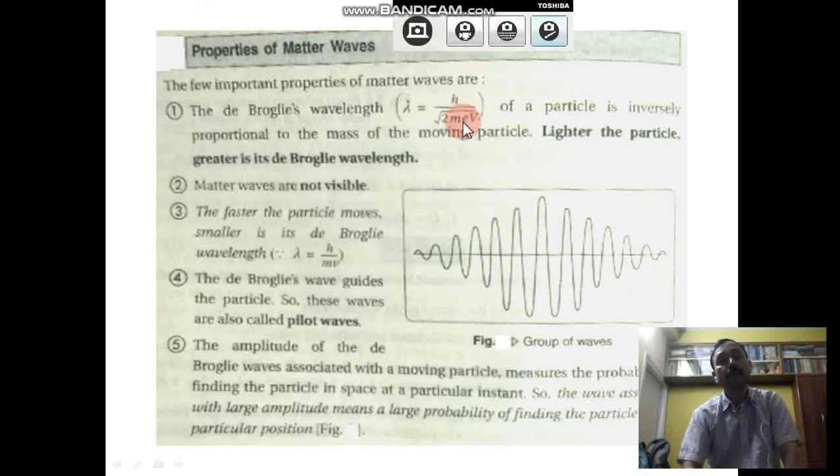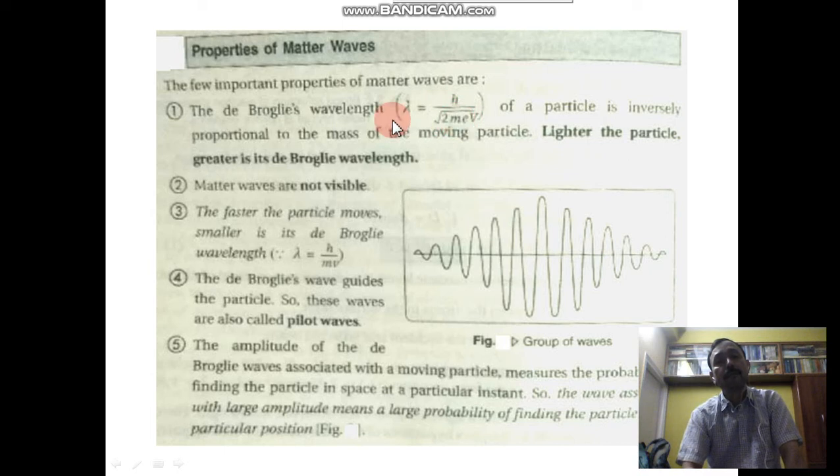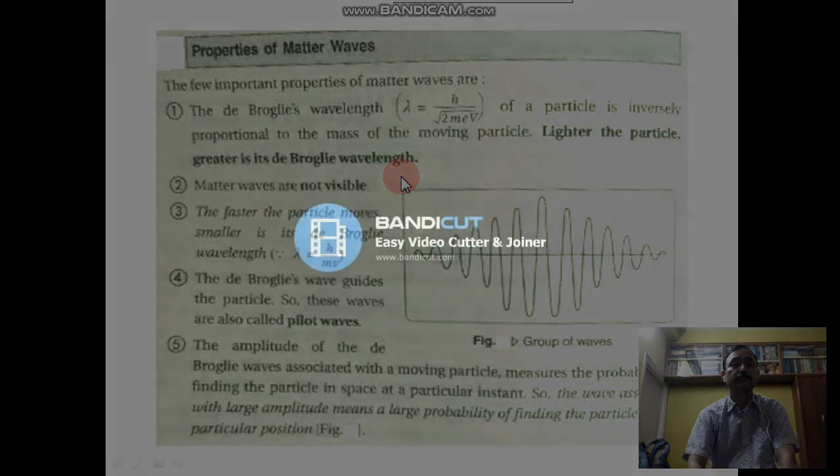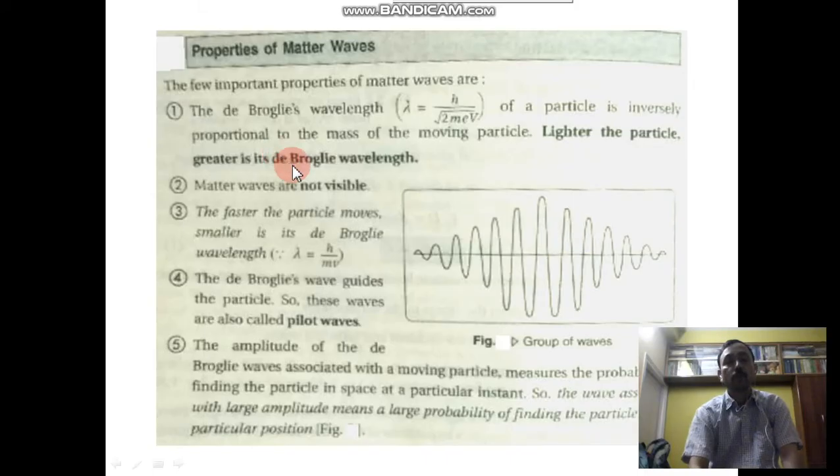That means if mass is more, lambda will be less. If mass is less, lambda will be high. So the first point is, lighter the particle, greater is its de Broglie wavelength.